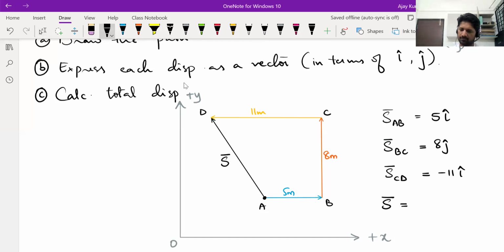Aishwarya, tell me. Sir, 2. What two? These are vectors, they have directions, I cap, j cap and all. How can you ignore them? I didn't ask, no, I asked you the sum of these displacement vectors.